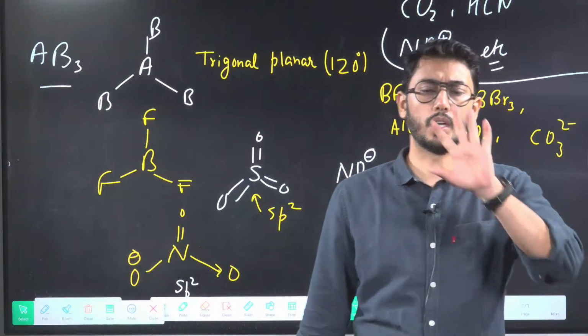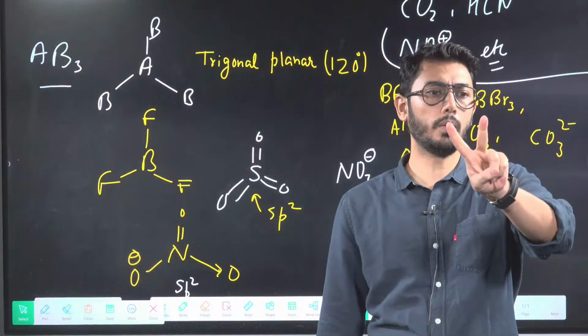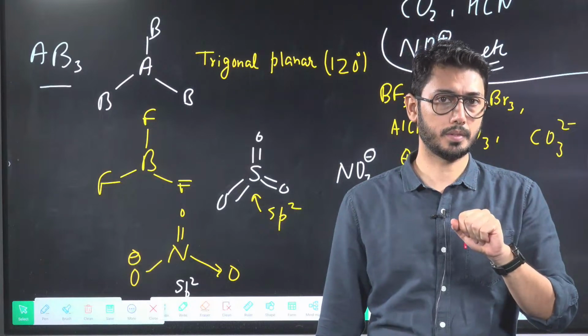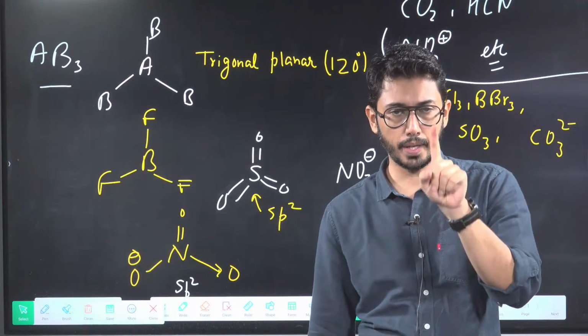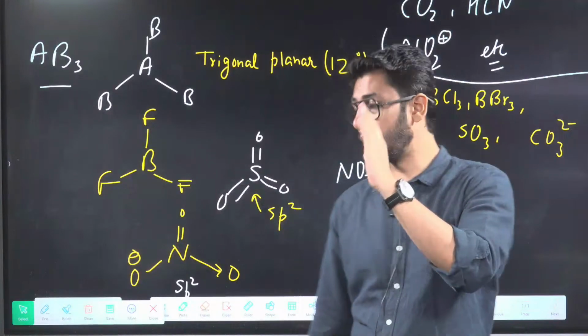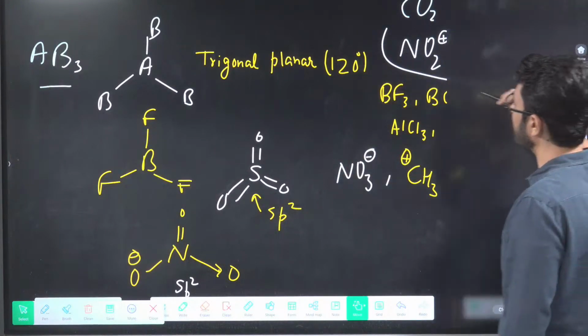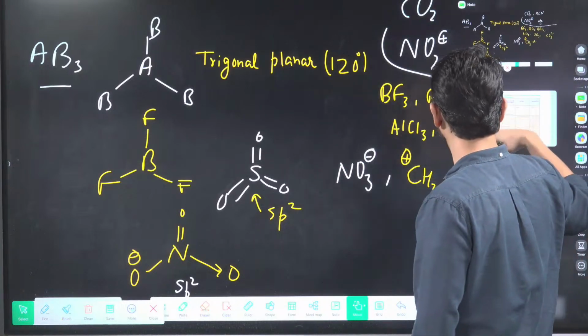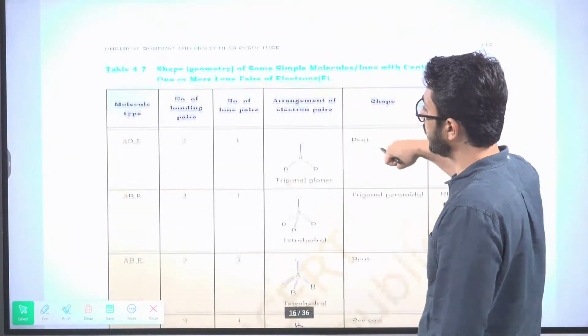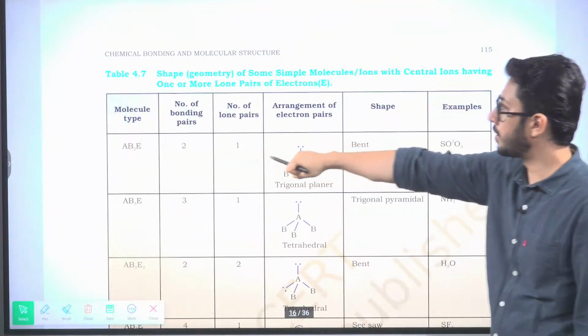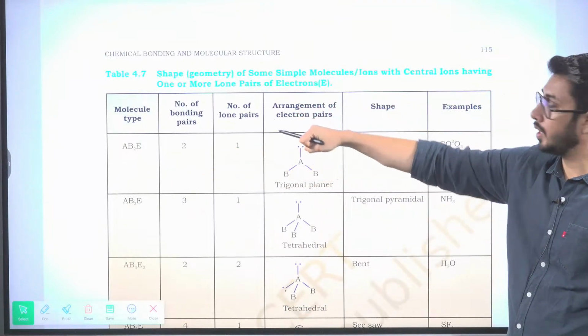Now suppose out of 3 electron pairs, 2 bond pairs and 1 lone pair is there. 2 bond pairs and 1 lone pair. Then this case is also given here. On this page it is given. AB2L type structure, table 4.7.